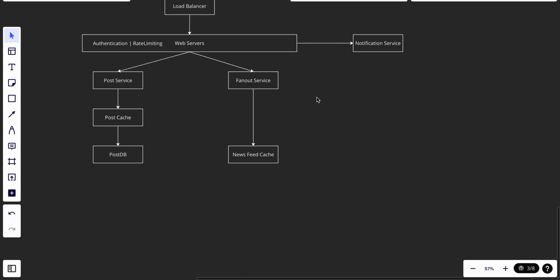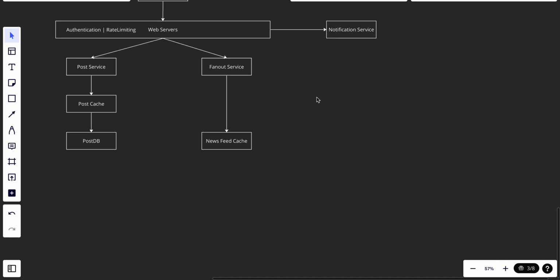So we have the fan out service. It has three things.